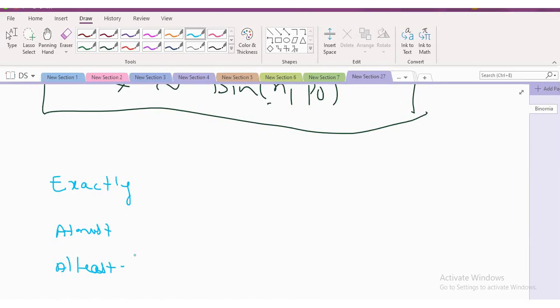What is the meaning of the first? Let's say this shopkeeper is a very good shopkeeper. Very good means what? All the time he keeps 100% good apples. Okay. What is the chance that he is going to keep exactly 5 good apples? 0 or not? All the time he is going to keep only good apples.